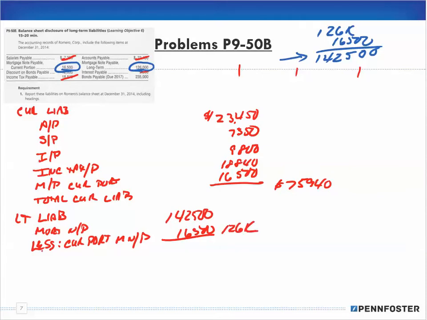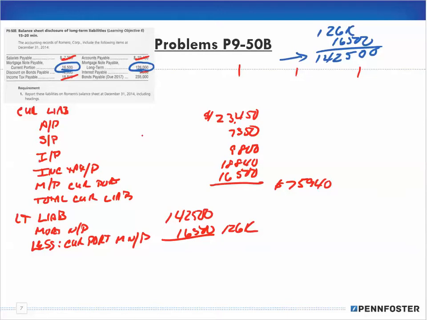Okay, this is the way I would present that mortgage. The solution will just present it, and this is just the way the authors have been doing it, I'm guessing. So they're just going to show that my mortgage payable is the 126,000, and that's all they're going to show because they've already broken out the current portion.